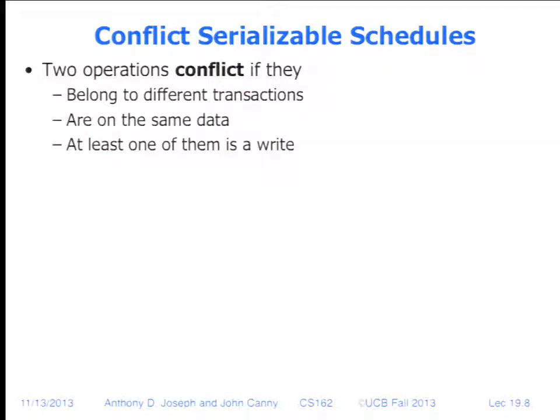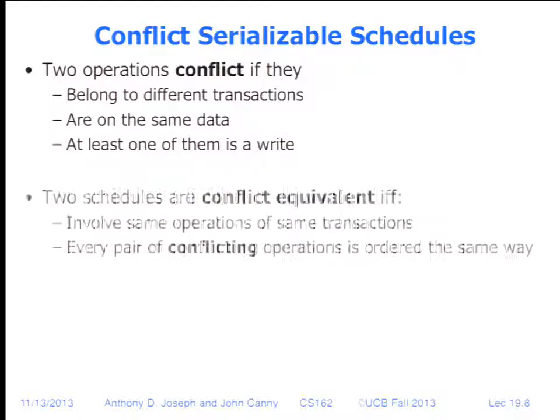So pairs of reads don't ever conflict, and other operations only conflict if they're on the same piece of data. And two schedules are conflict equivalent now if you can produce one from the other by swapping non-conflicting operations in the different transactions.